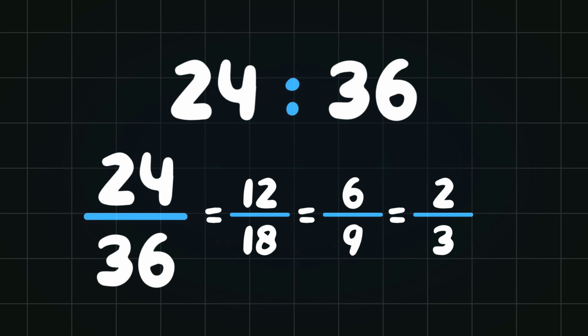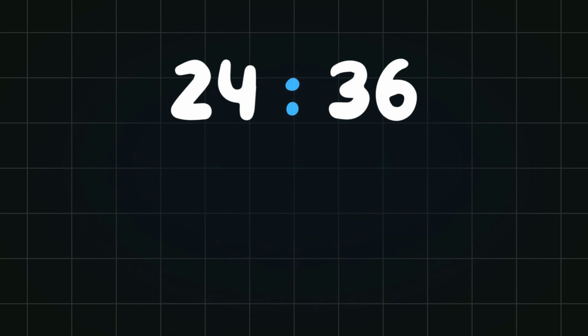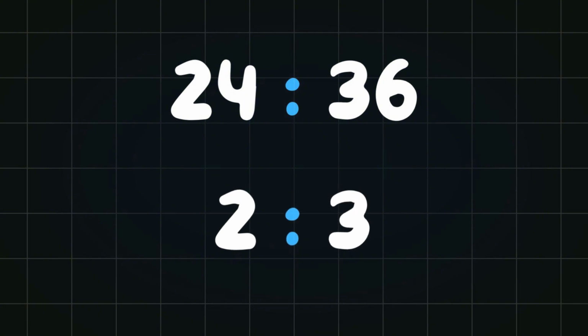So let's see if that's correct by checking how many times we should scale 2 to 3 to get 24 to 36. Okay, this is correct, because I found out that 24 divided by 2 is 12, and 12 times 2 is 24. I also tried 3 times 12, which is 36, to confirm that my simplification is correct.